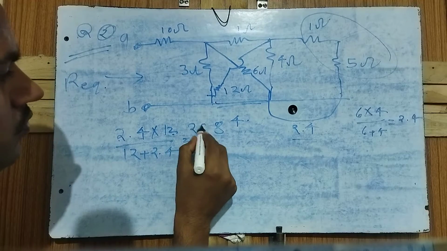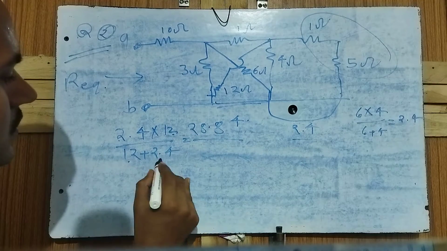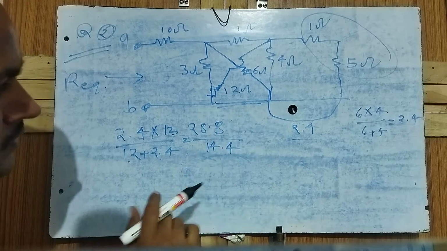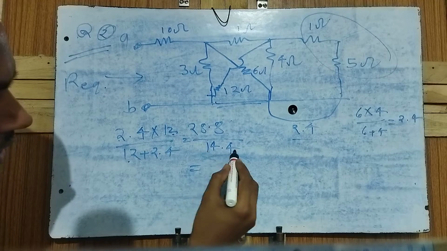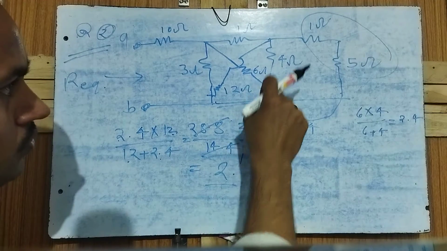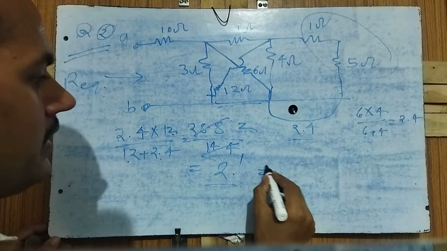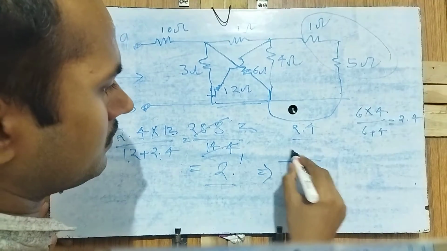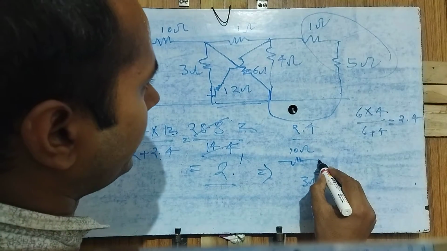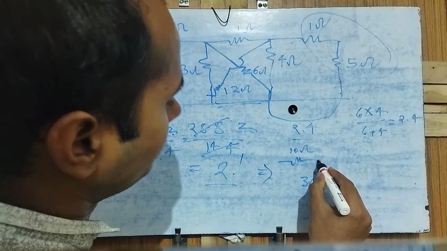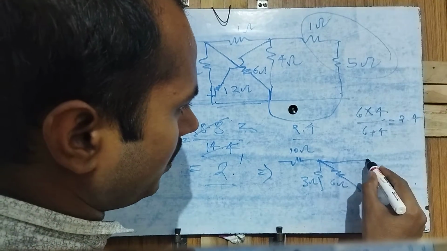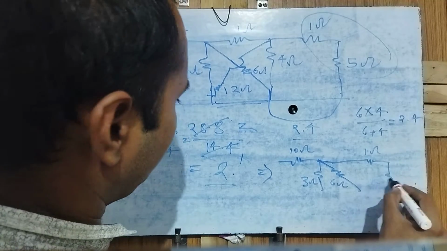That is 28.8 divided by 14.4. It will be 2 times, so it is 2. So 2 is in series with 1. We can redraw like this: 10 ohm, 3 ohm, and 6 ohm, and we have solved till here 1 ohm and 2 ohm.